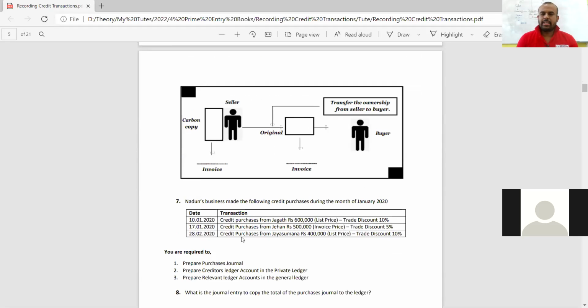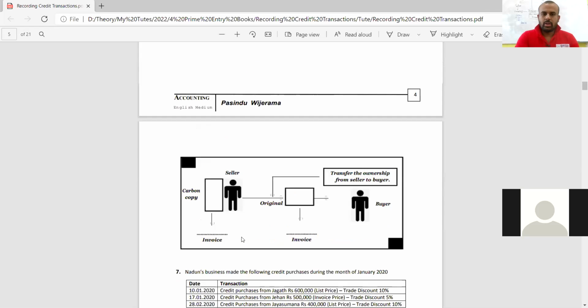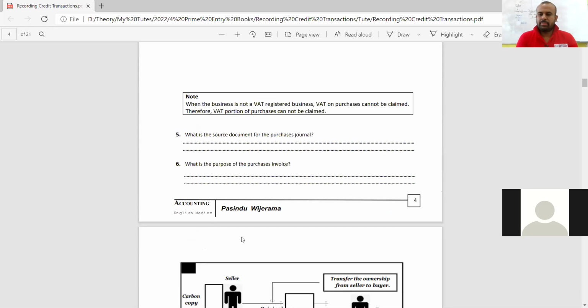The original given to the buyer is called the purchase invoice. Right? So again, what is the purpose of the purchase invoice? It is to confirm that ownership of the goods has been transferred from seller to buyer. The document raised to say that ownership has transferred is what we call the invoice. Is it clear?